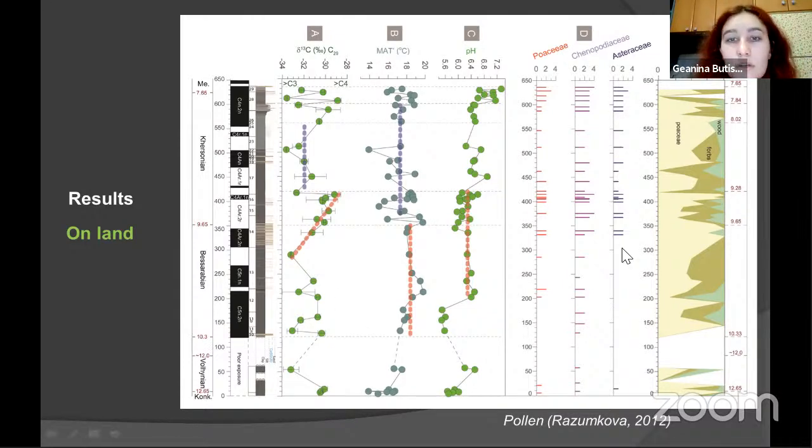The pH is mimicking the mean annual temperature until 9.6 million years, after which it does completely the opposite. So the higher the temperature, the more acidic it is, which is normal if we think about what is happening today in the seas with global warming.